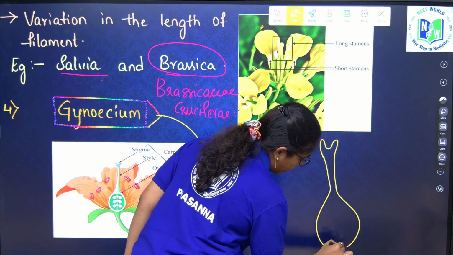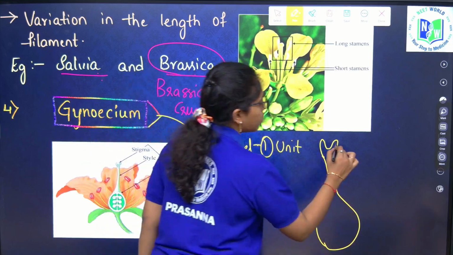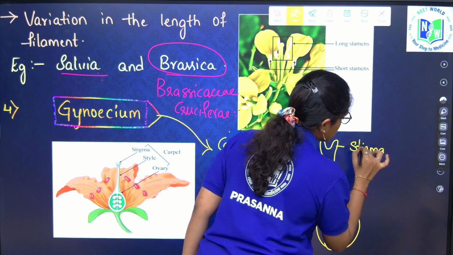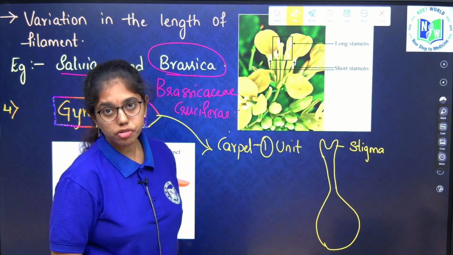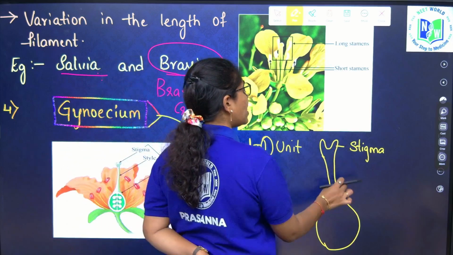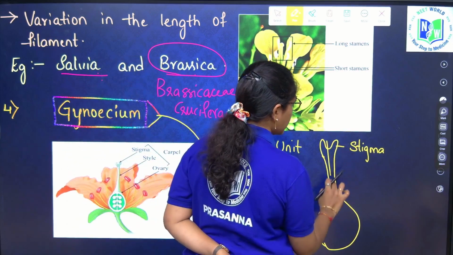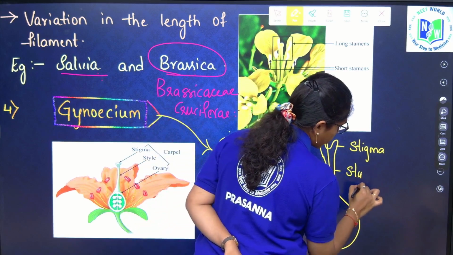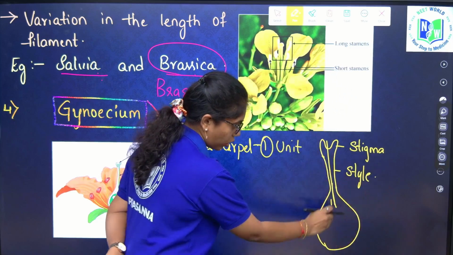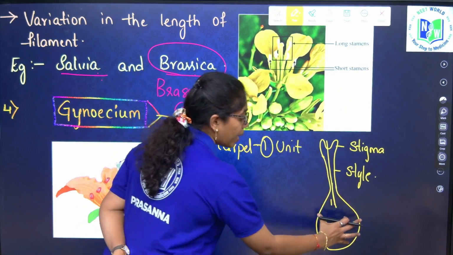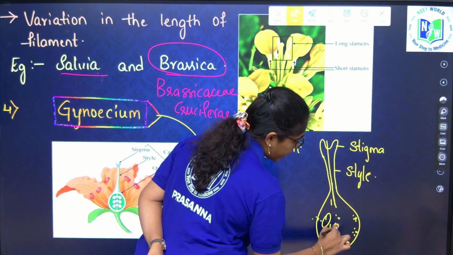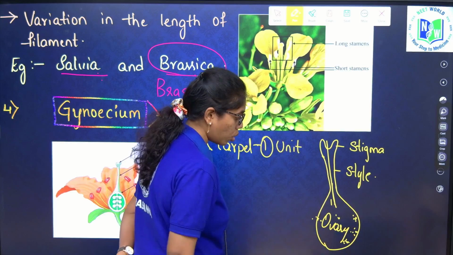Stigma is the receptive structure for the pollen grain. Followed by stigma, the pollen tube will arise across the style, and the basal bulged portion is ovary.